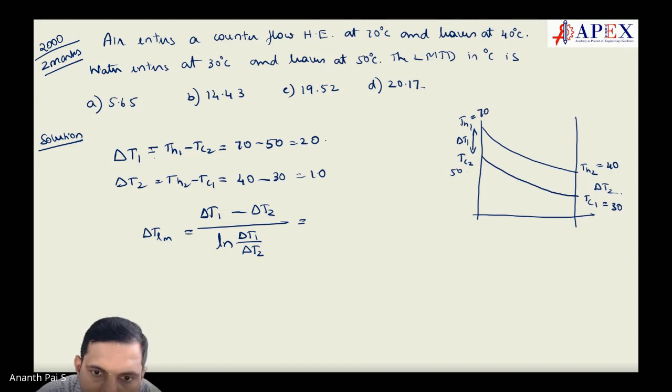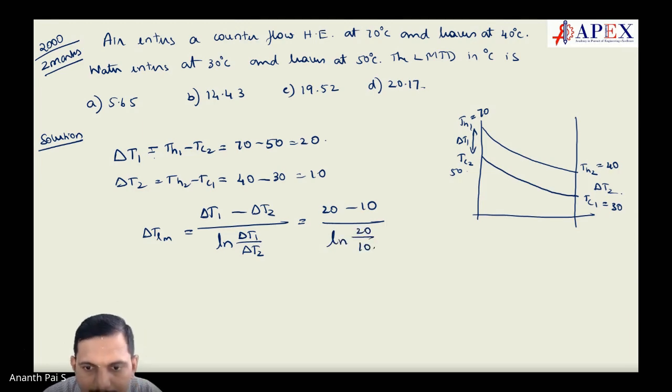Here delta T1 is 20 and delta T2 is 10. So log of 20 by 10, log of 2. What's the answer you got? 14 point something. So easy.